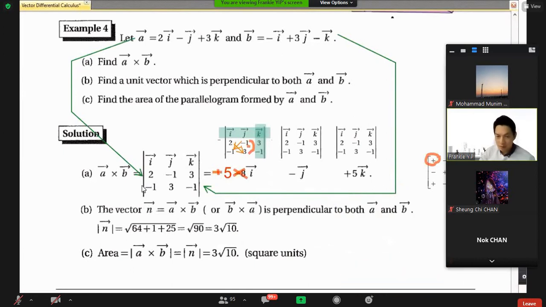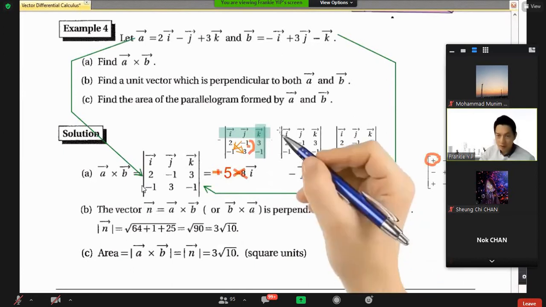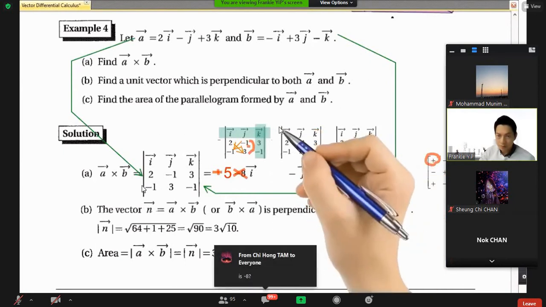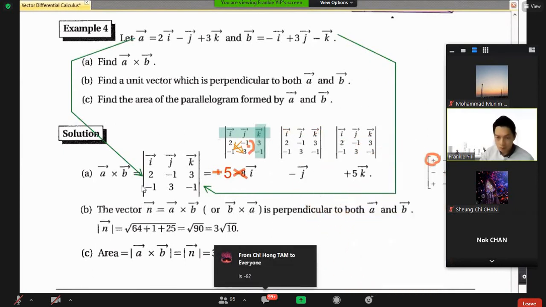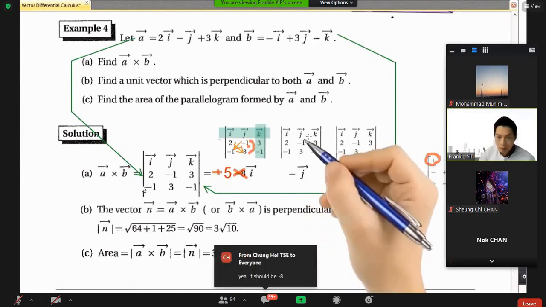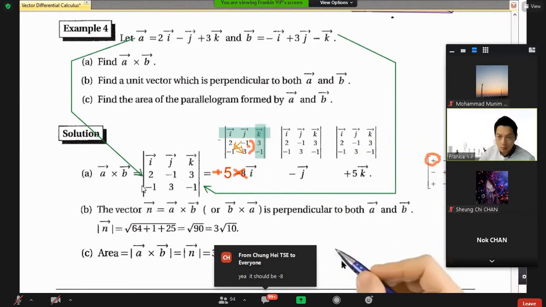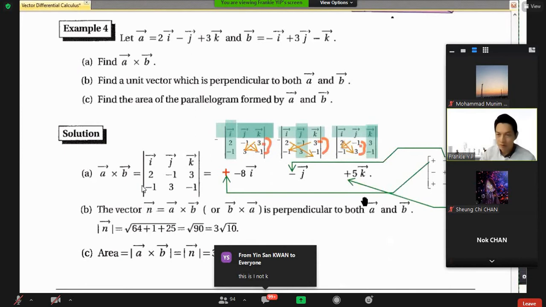Okay, how about the next one? We are going to hide... sorry. Oh, what's the problem? One times -1.